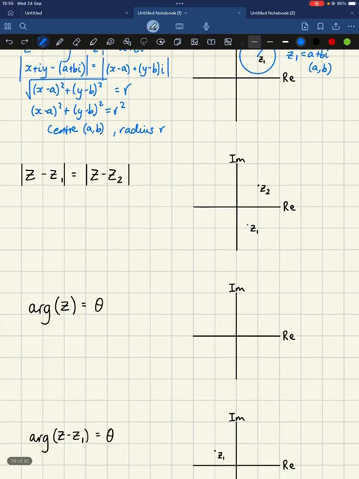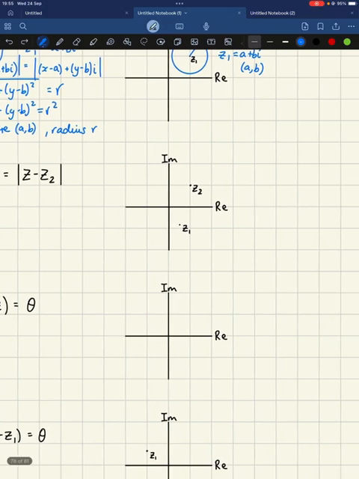But what this is saying is that the distance here is equal to the distance here. So, like we said earlier, z1 and z2 are fixed points. z can be anywhere. But where is the distance between z and z1 equal to the distance between z and z2? Well, that would just be in the middle, so somewhere here. This is when this distance over here is equal to this distance over here.